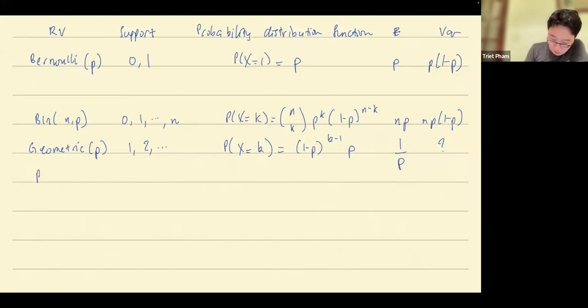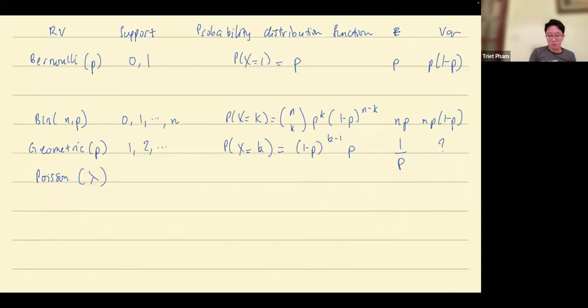Next one is the Poisson with parameter lambda. A Poisson random variable models the number of events, where lambda is the rate of arrival.